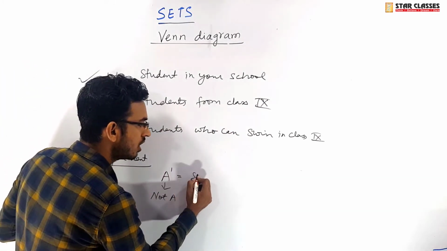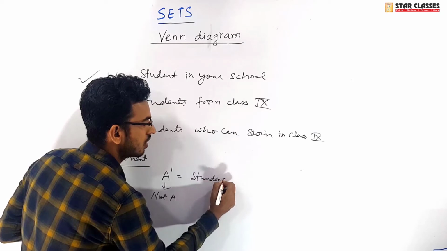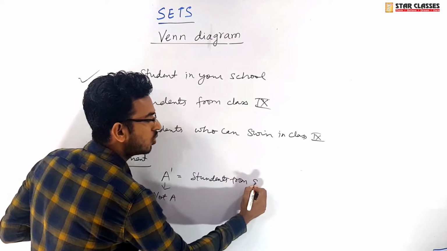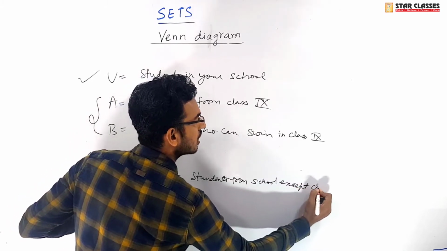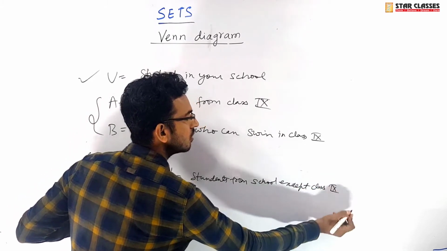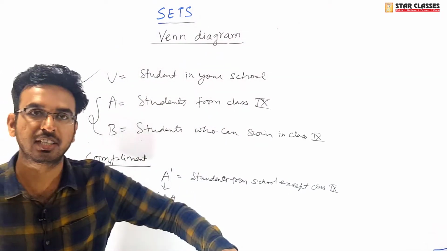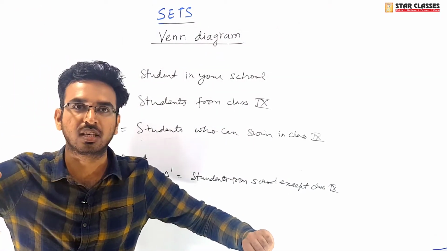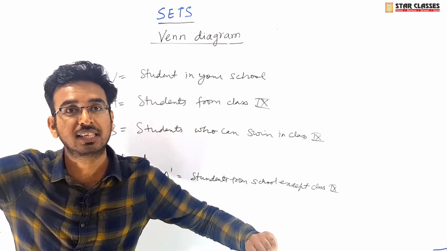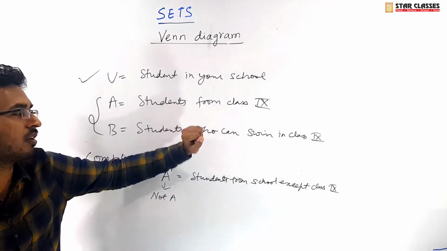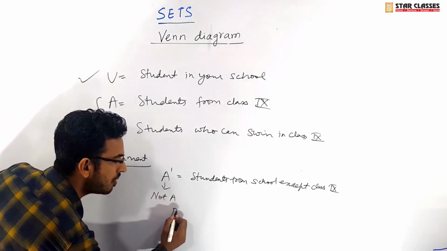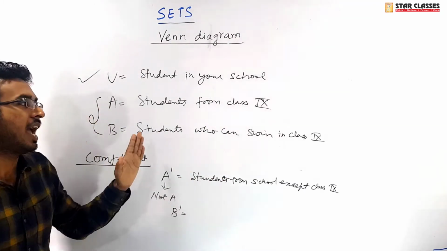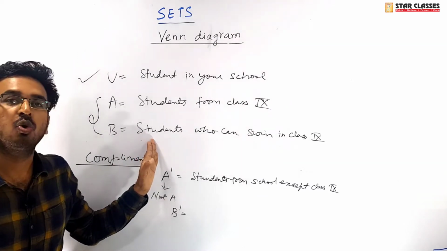So I can write students from school except class 9th. Okay, so I'm leaving class 9 students, and all the students from 1st to 10th or 11th, 12th, if the school has 11th, 12th, will be the solution of complement A. If I say what is complement B, you will say anyone who cannot swim in class 9.